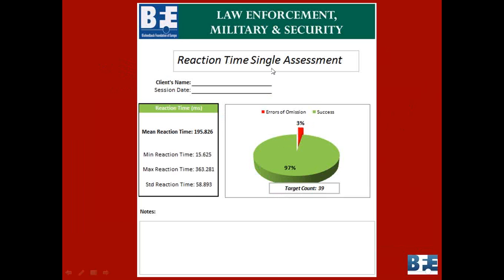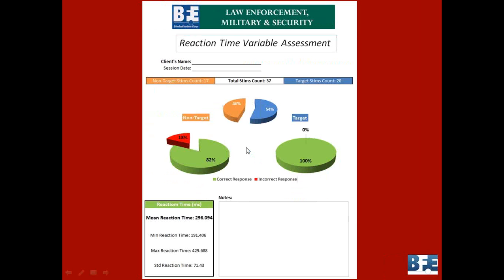This is an example for the single type of protocol where the person is always supposed to react to the stimulus, so it's very simple. There's a pie chart showing how many times they successfully react, and then the reaction times. Here's the variable report, where they have one push button and react to a target and a non-target stimulus.